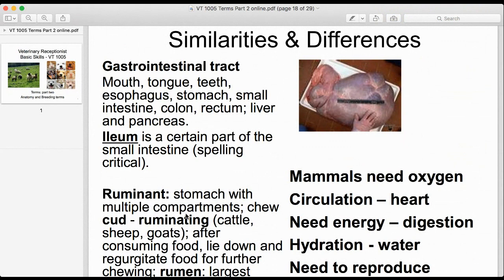Gastrointestinal tract includes the mouth, the tongue, the teeth, the esophagus, the stomach, the small intestine, the colon, the rectum, the liver, and the pancreas. Now notice here is that other word. This is I-L-E-U-M.